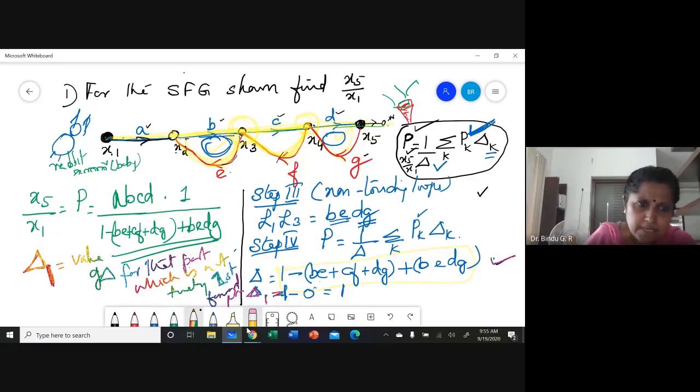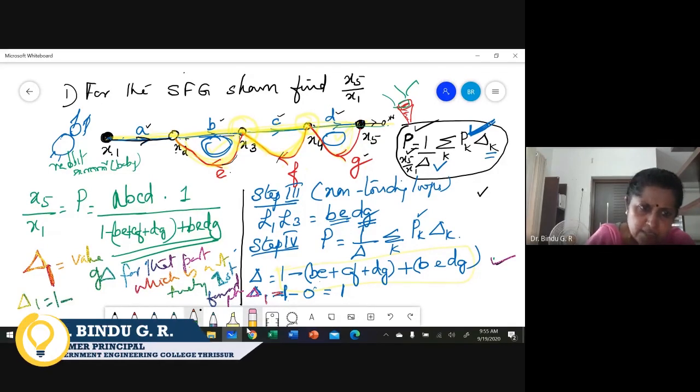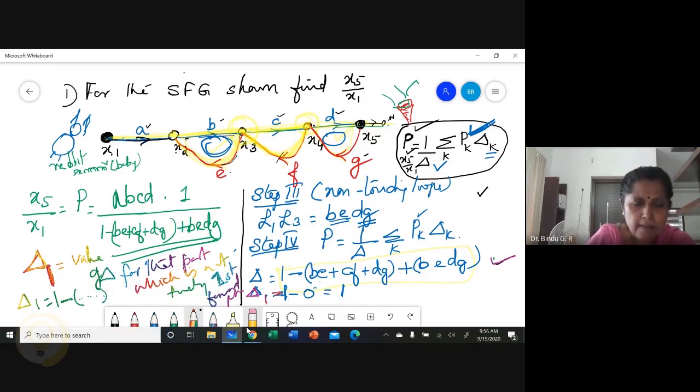So I have to write delta 1 as 1 minus all the loops that are not touching the first forward path, plus all the two sets of non-touching loops which are not touching the first forward path, and so on. Fortunately or unfortunately, we don't have any loop that is not touching the first forward path. This is your one and only forward path, and every loop is touching it. Delta 1 will be 1 minus 0. No loops are there.